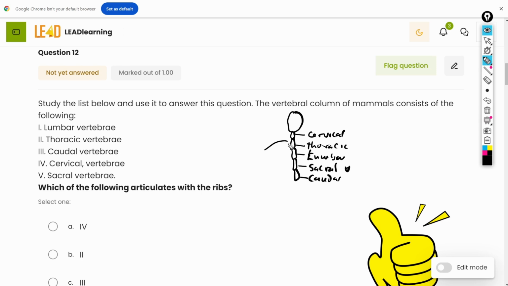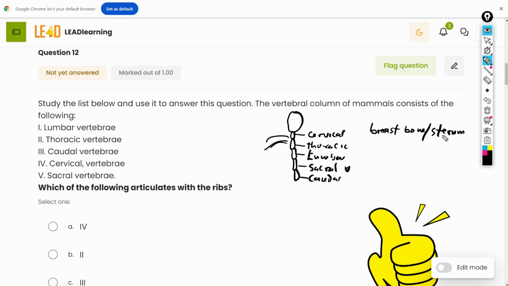The ribs connect or attach to the thoracic vertebra. To the front of the body, or to the ventral surface, the ribs connect to the breastbone, also called the sternum.